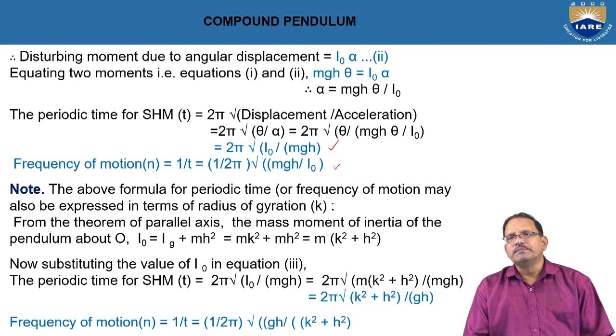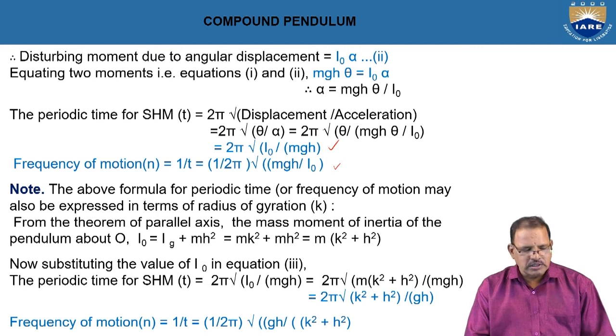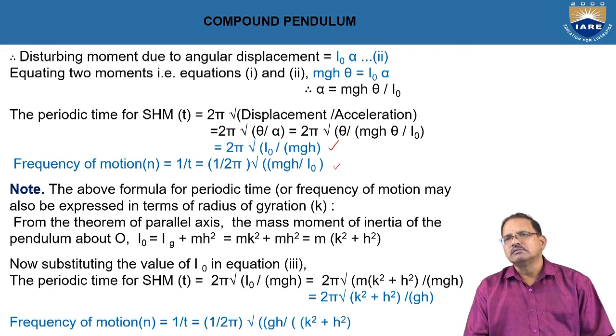The above formula for the periodic time, that is frequency of motion, may also be expressed in terms of radius of gyration by using the fundamental theory of parallel axis.